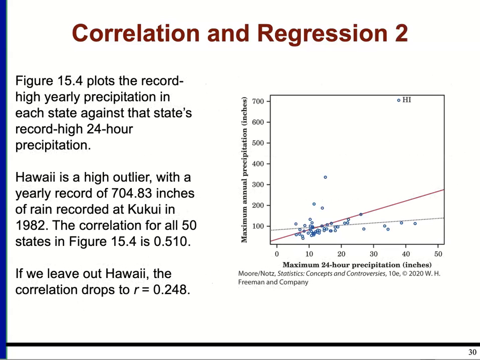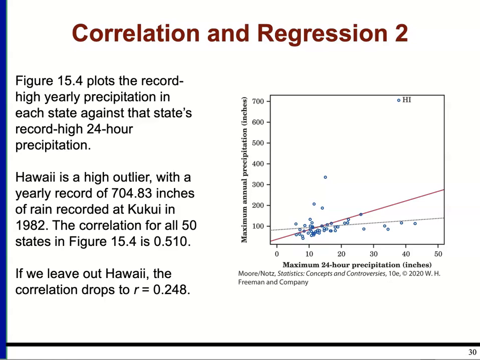Take a look here at the maximum 24-hour precipitation in inches compared to the maximum annual precipitation in inches. So for each state, they looked at the maximum amount of water that was ever rained in 24 hours and compared that to the overall annual precipitation.